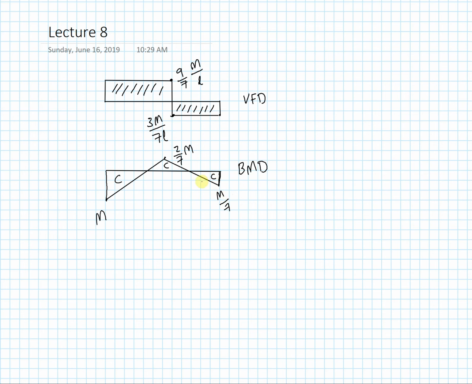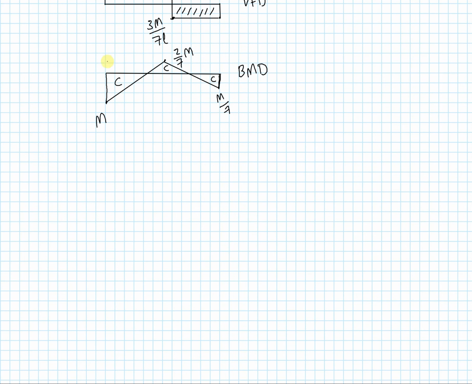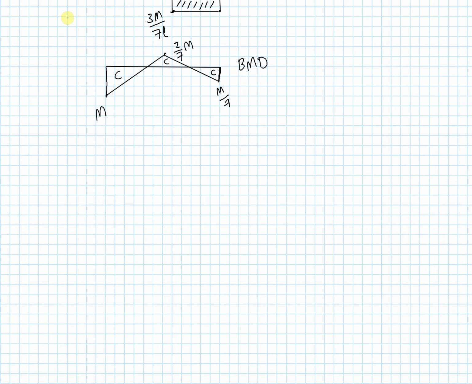And we got compression. And you can really go back and see that, yes, in fact, at the location of the externally applied moment, I had a value of m. And in my BMD, I have a value of m at that location. So that's confirmation that I've done all the math correctly and everything's looking good. So anytime you've done your math correctly, things are just going to work out.